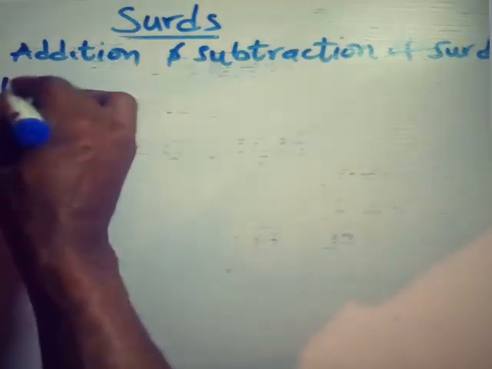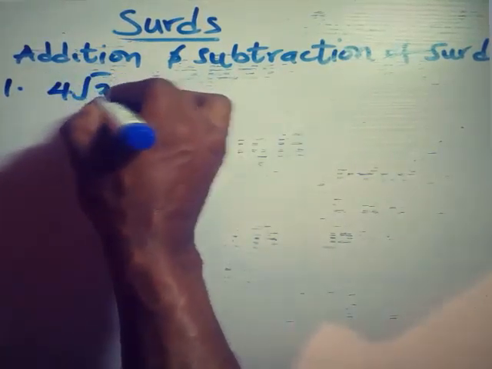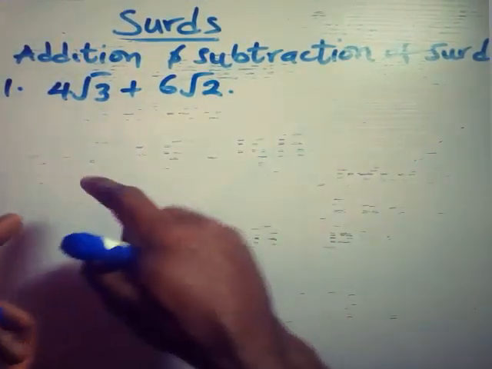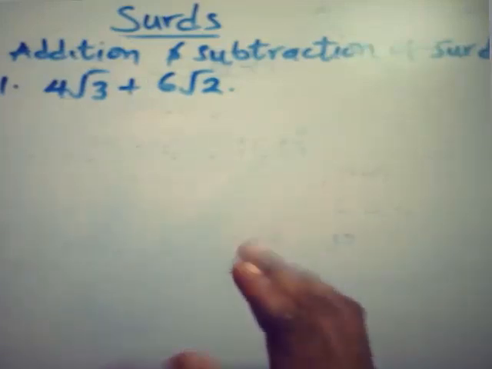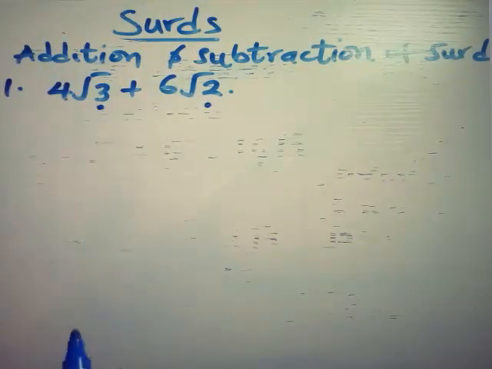Now, number 1, let's take 4 root 3 plus 6 root 2. You see, we cannot add these surds because they don't have identical roots.